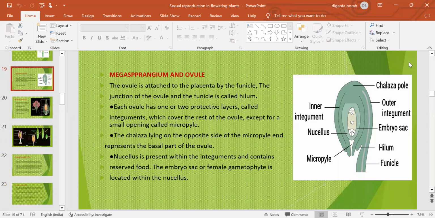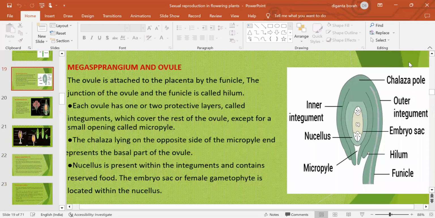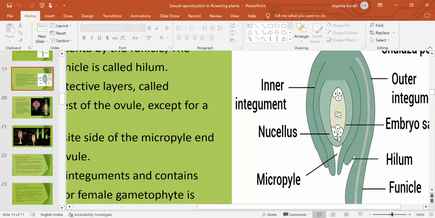So in this diagram, look, these 3 are called the egg apparatus. These 2 are synergids. The centermost is called the egg cell. In the center, it is called polar nuclei. And these 3 cells are called antipodal cells. And this direction, where the integuments have a little opening, that side is called the micropylar end.